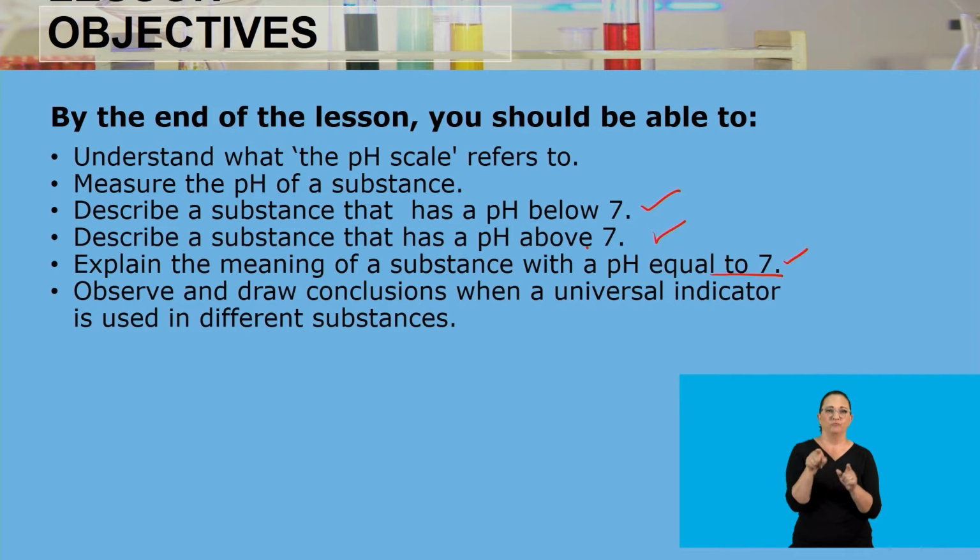So you must know below 7, above 7, and equal to 7. And then lastly, you need to be able to observe and draw conclusions when a universal indicator is used in different substances. So that's what I want us to be able to know by the end of the lesson. In order to achieve that, we are going to break our main idea into small concepts that we can tackle bit by bit.